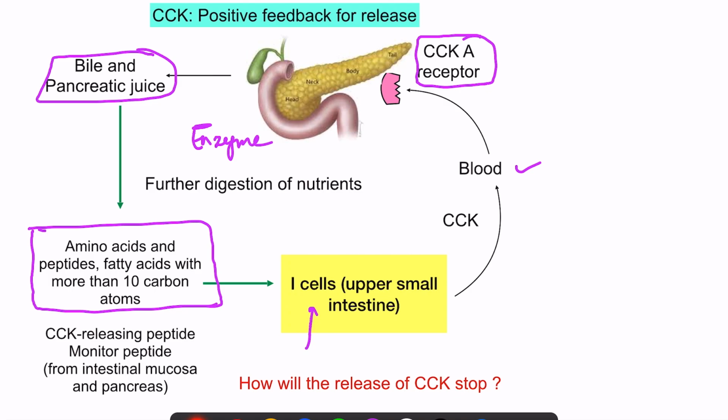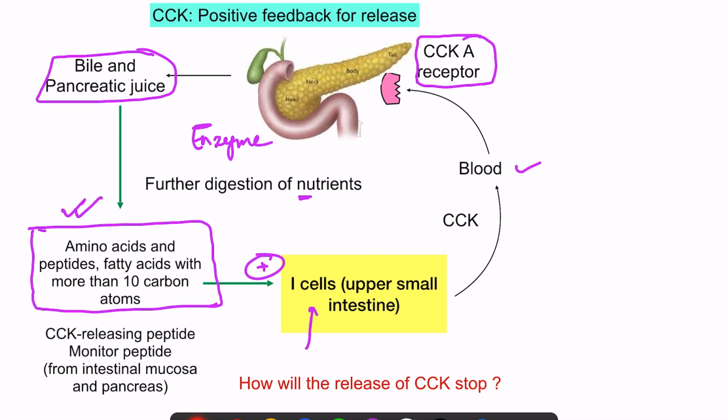Now, because the secretion is rich in enzymes, it causes further digestion of the nutrients, and there is further release of these products of digestion, which exert a positive feedback on the release of cholecystokinin. So, more and more products of digestion, as they accumulate, cause more and more release of CCK.